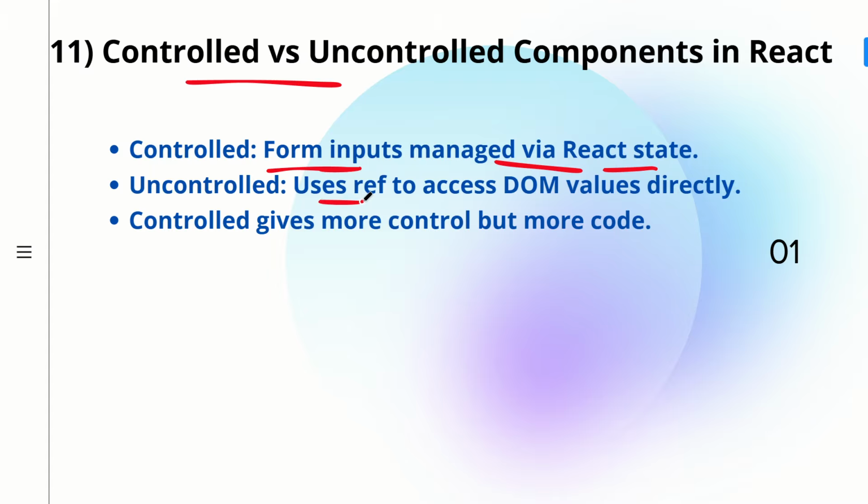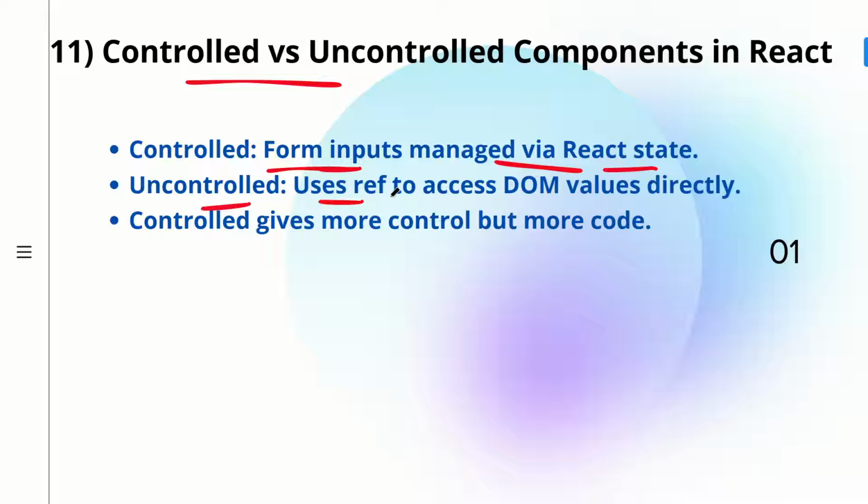In case you are making use of ref to access the DOM values directly, then that component becomes an uncontrolled component. If you are accessing the DOM element directly by ref, then there is no use of React state. You are directly accessing the DOM value. That is why your component becomes uncontrolled.